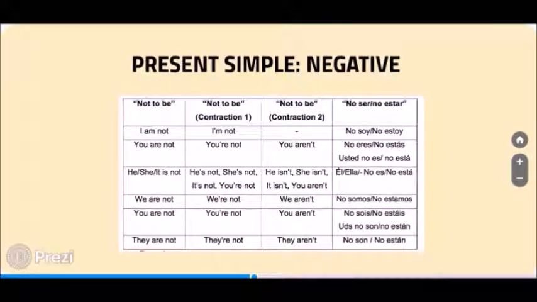Present simple negative. I am not, I'm not. You are not, you're not, you aren't. He, she, or it is not. He's not, she's not, it's not, you're not.